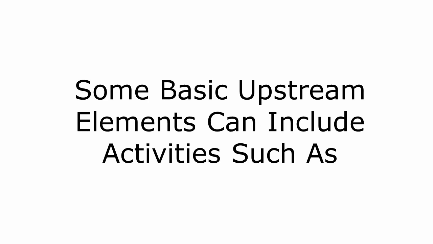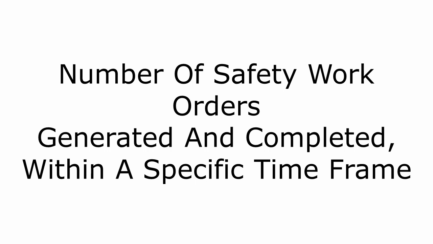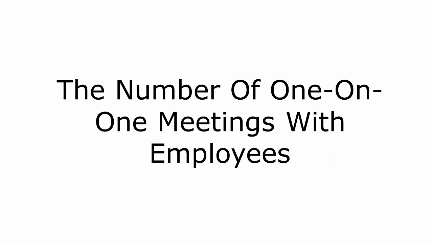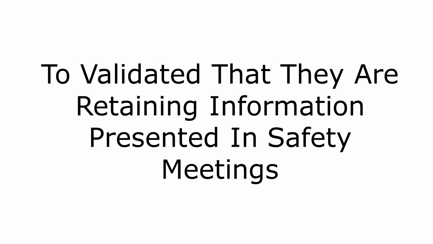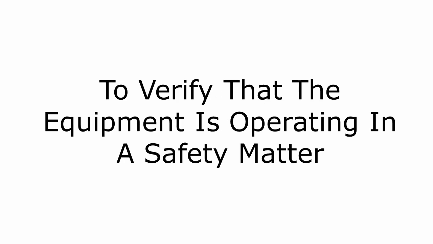Some of the basic upstream elements or activities can include some of the following program elements: the number of job hazard analyses completed, reviewed, updated, and implemented; the number of inspections conducted each week, and the number of items completed during and after the inspection; the number of safety work orders generated and completed in a specific time frame; the number of safety meetings, 2-minute drills, weekly meetings, and monthly meetings; the number of one-on-one face-to-face communications with employees to validate that they are, for example, retaining information that is being presented at safety meetings; developing and implementing machine-specific checklists to verify the equipment is operating in a safe manner, and to provide feedback that employees understand the hazards of the equipment.